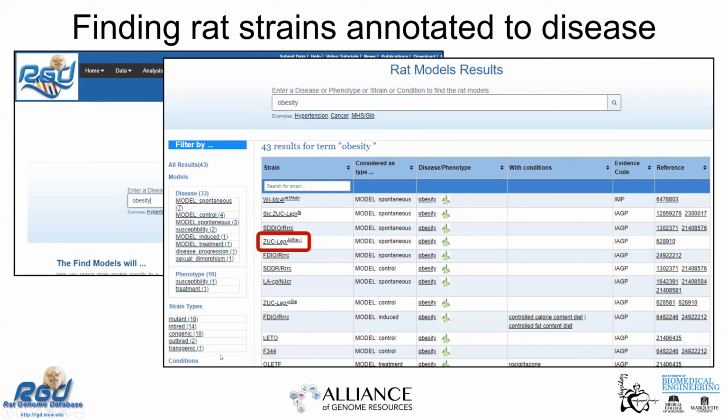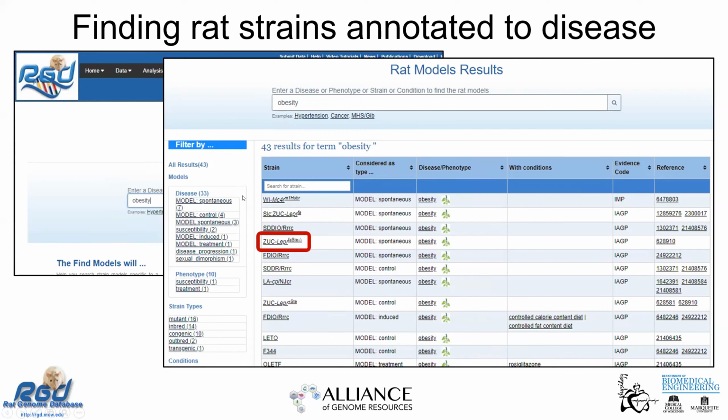That's something that we've used for our quantitative phenotype measurement annotations in the past, but we've recently started using those for our qualitative. So you can see in this case, this rat is an induced model of obesity, and it's induced under the conditions of controlled calorie content diet or controlled fat content diet.